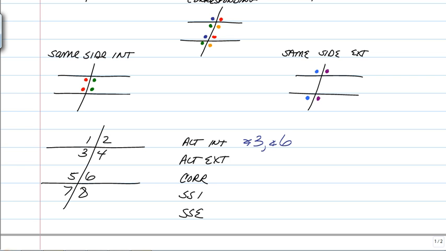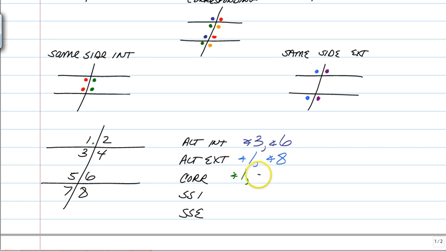An example of alternate exterior would be angle 1, which is top left. So we have to jump over to the right side, jump all the way down to the bottom, angle 8. But they must be exterior angles. One example of corresponding would be angle 1, top left of the intersection.